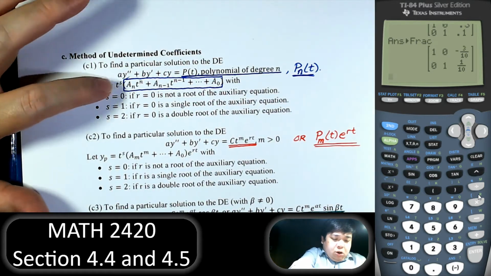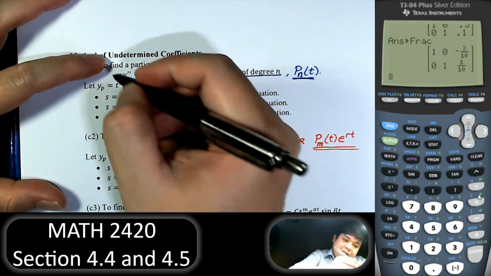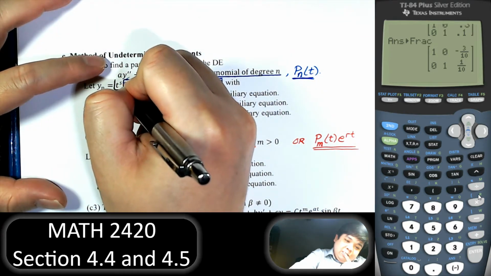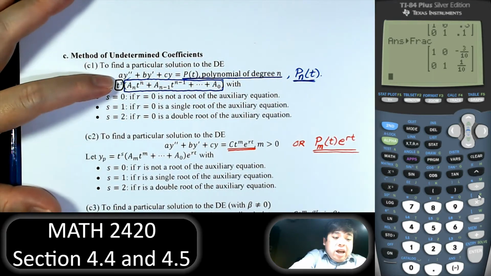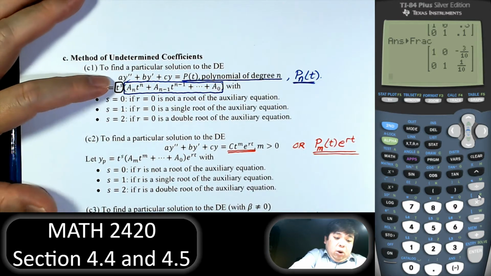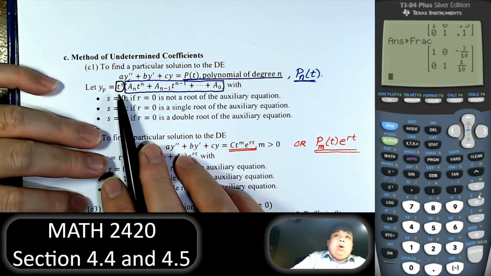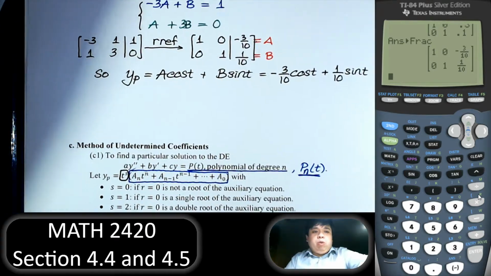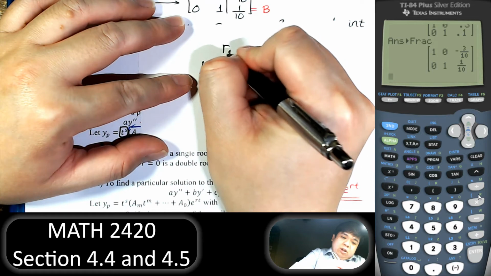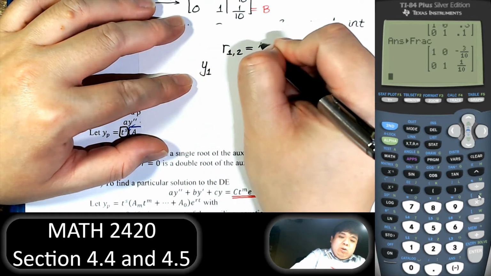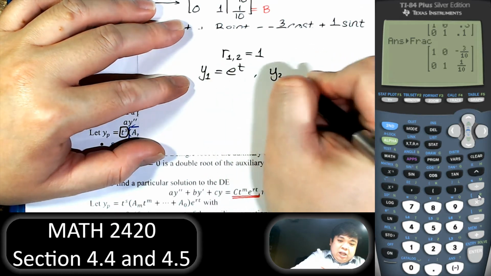But then, of course, what is the deal of t to the s power here? Remember in the previous section, when we said if r is the double root of 1, then the solution is e to the t, and y2 is e to the t.